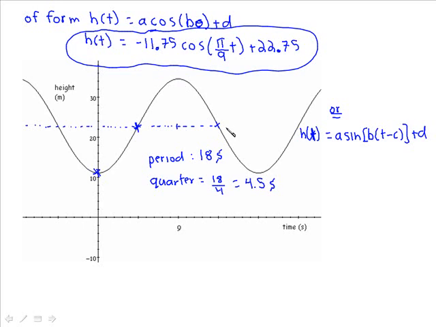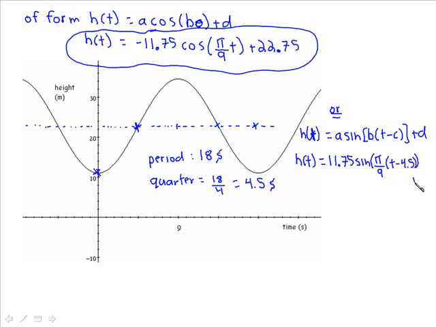There, there, there. If you went further, even there. So you could change it to whatever you wanted based on that 4.5. So for a sine curve, it means that there has been a horizontal translation of 4.5, so b is still pi over 9, and then t minus 4.5.